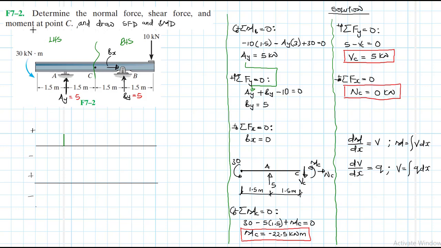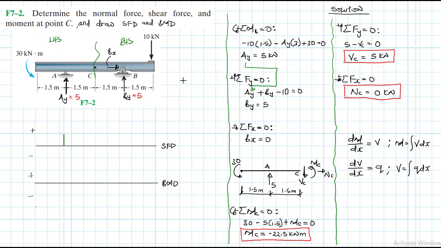So we have a shear value of 5, and between A and B, we have no load. Okay, so this is what it means. So this is our shear force diagram, and this is our bending moment diagram. Okay, so here we go.